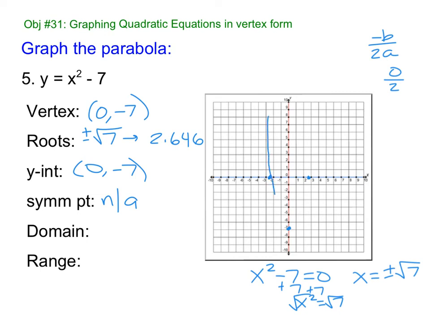That's it. There's not a lot to do with these, especially when the vertex has a 0 as the x value. Domain, negative infinity to infinity, and then range. What's the range? Lowest comma highest. Lowest is negative 7, highest is an arrow.